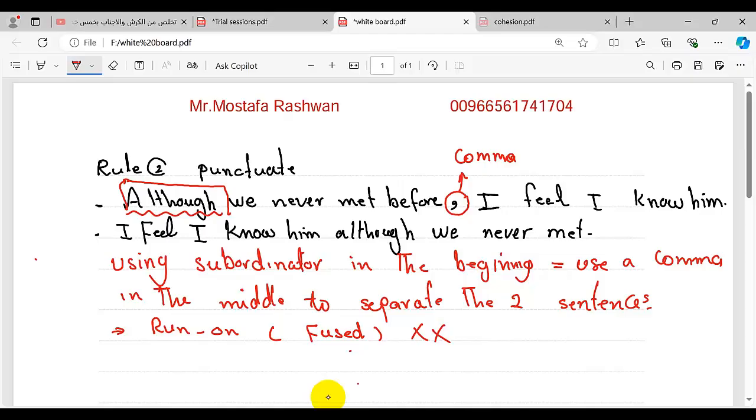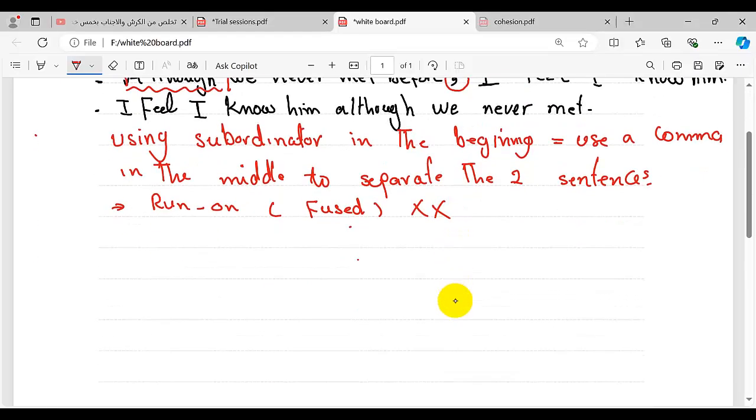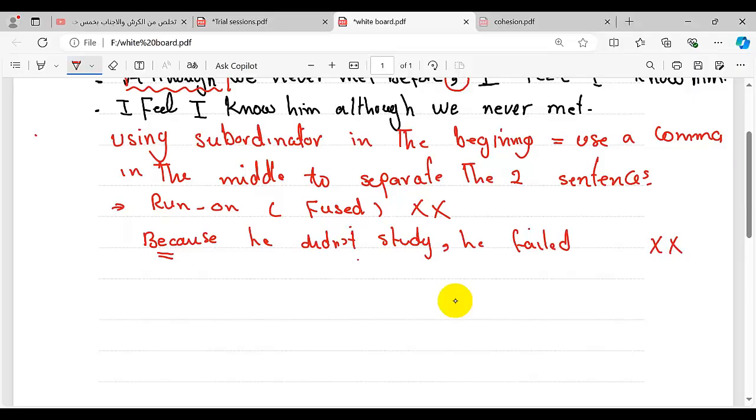If you wrote two sentences without a comma, this is wrong. So don't write "Because he didn't study he failed." This sentence is punctuated wrongly. You used a subordinator in the beginning, so you must separate the two sentences with a comma in the middle. If you didn't use the comma here, the sentence is a fused sentence.